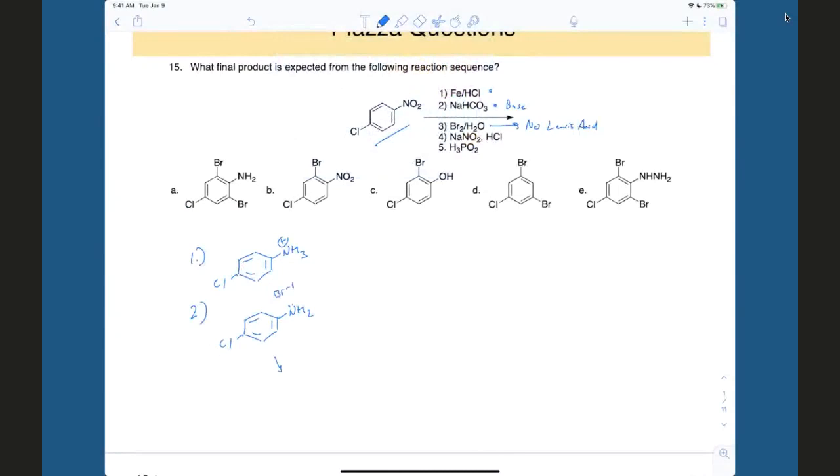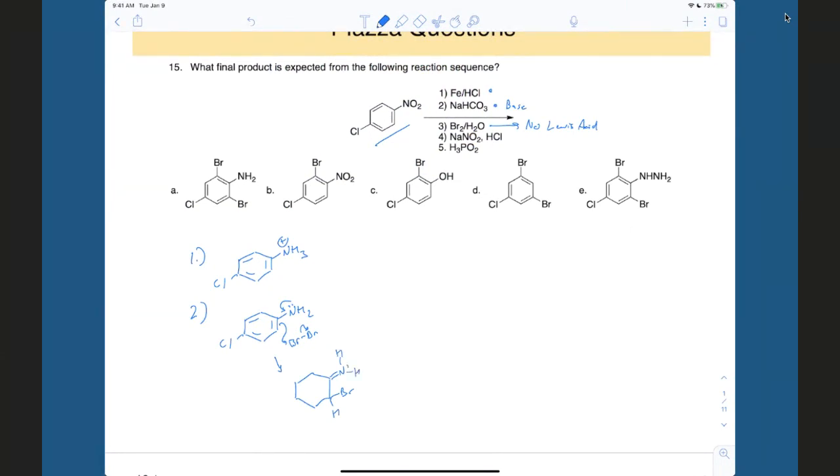We can imagine the mechanism generally going, I'm going to draw the bromine over here, so it works my double bond a little better. It opens. We're going to make an arenium intermediate that is stabilized by the lone pair on the nitrogen.